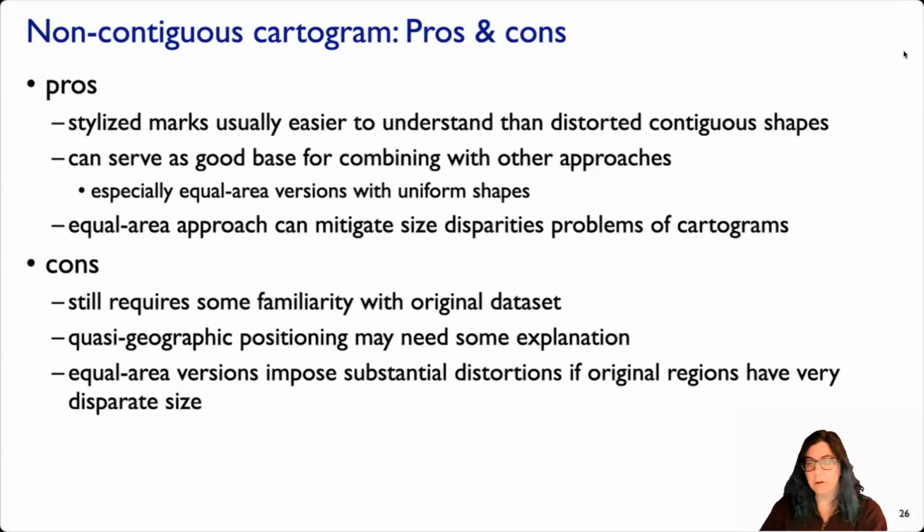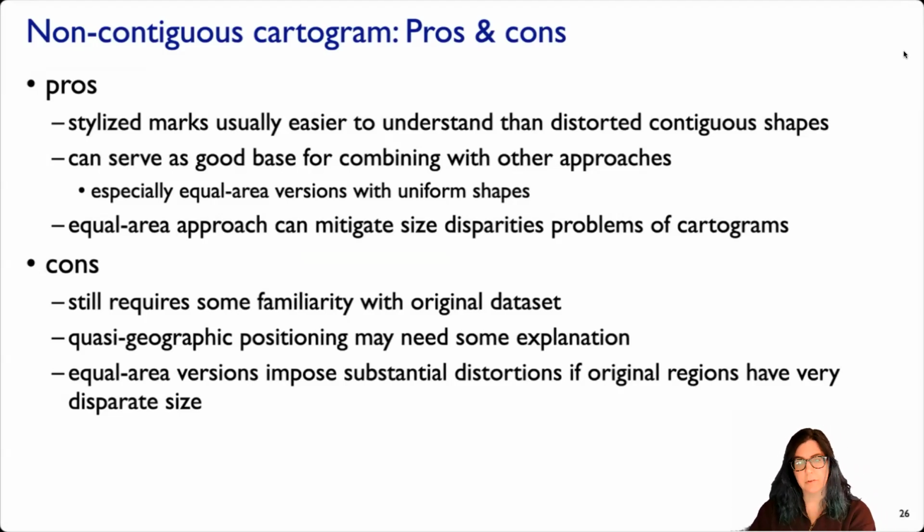And the equal area approach can really mitigate that size disparity problem, which might be an issue in just a standard choropleth. But if you have an equal area cartogram, then you don't have that size disparity problem because everything got regularized to the same size.